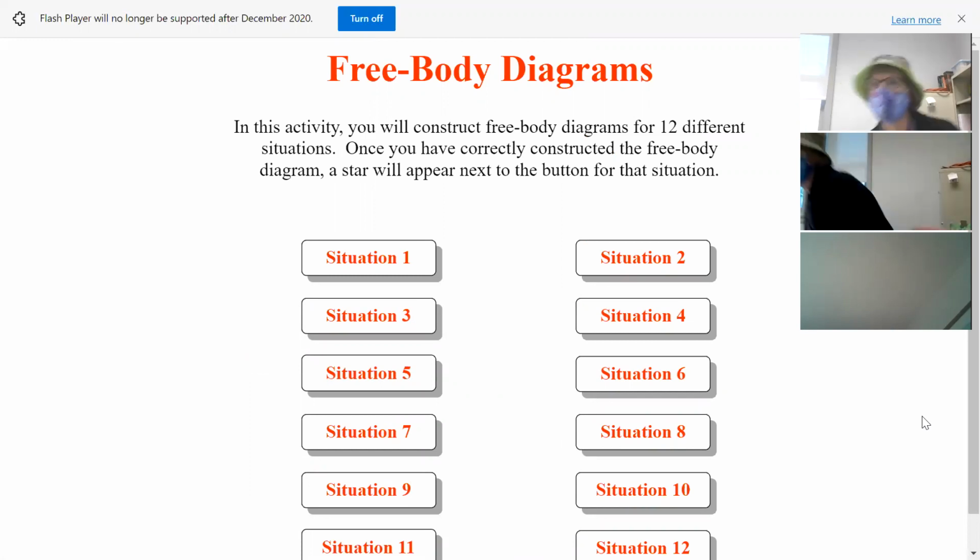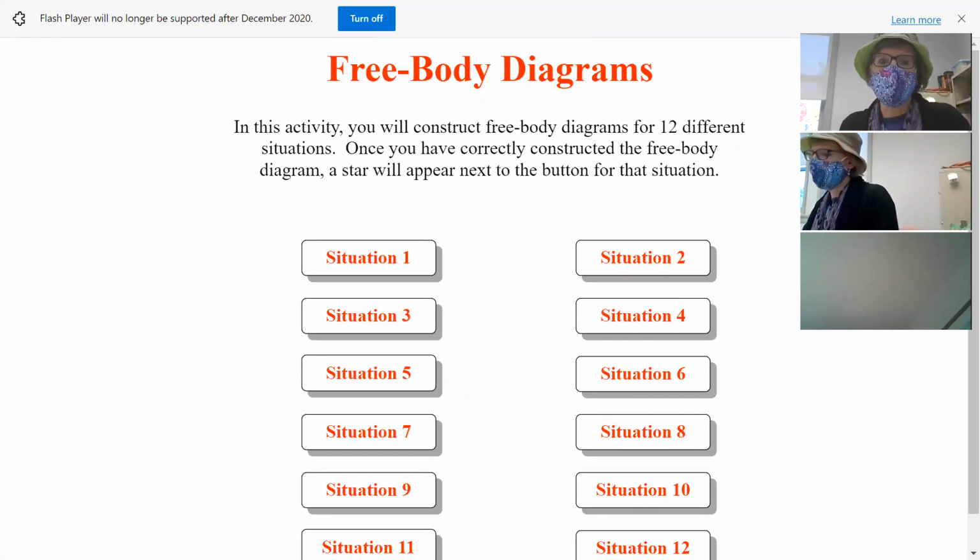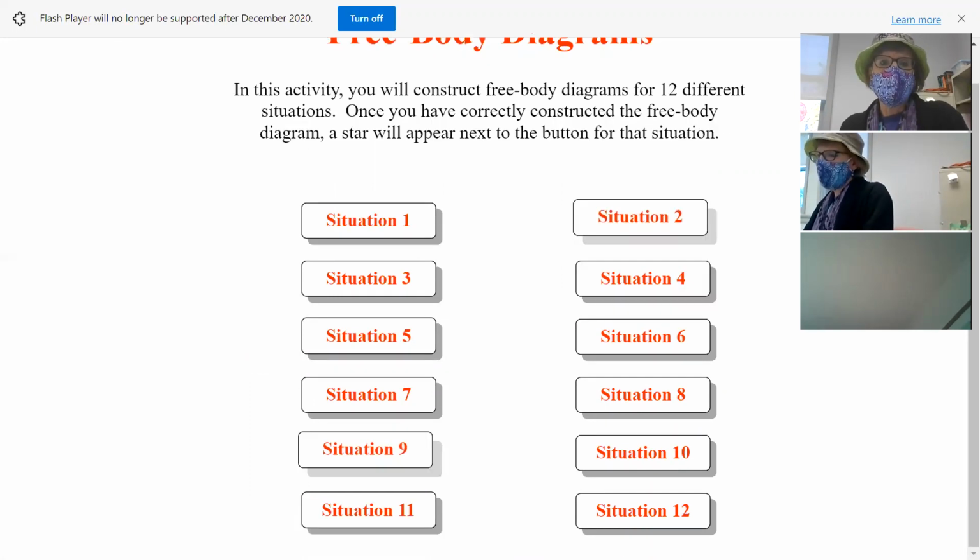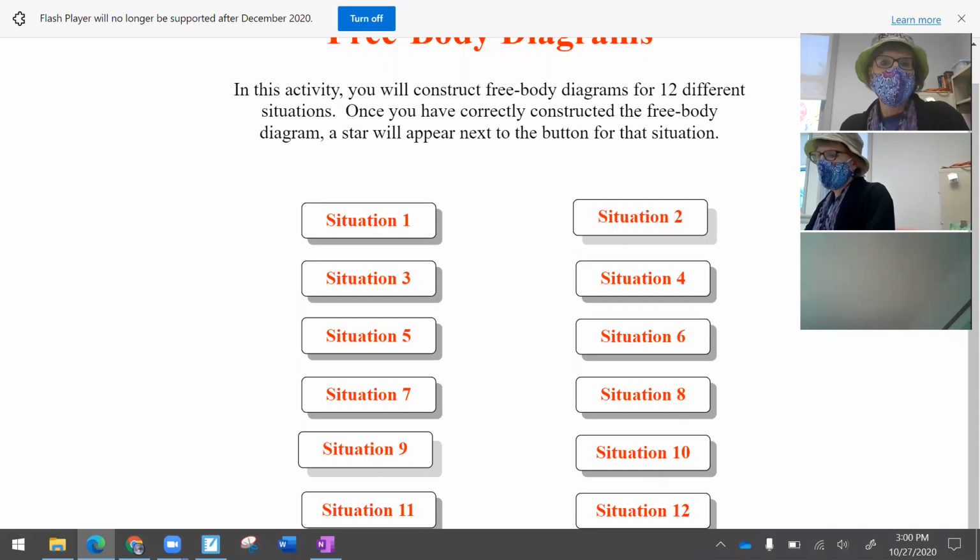I'll put it in the chat for you so that you know what the numbers are. 3, 5, whoops, 3, 5, 9, 11. Okay. So try real quick to do those. See if you can get yourself 4 stars.